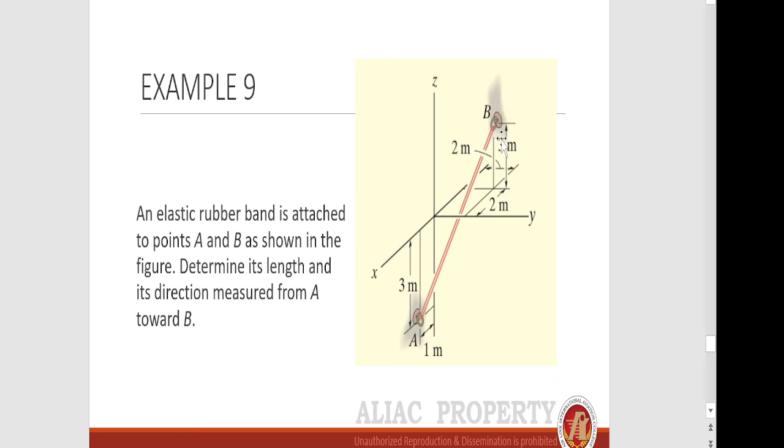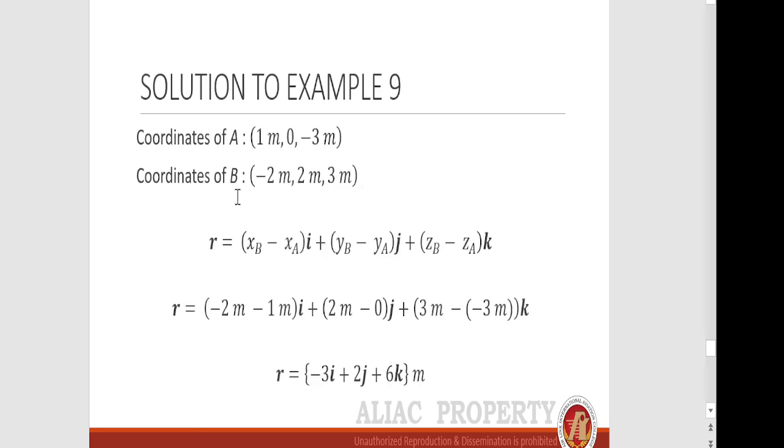So the B coordinate is from x, that is 2, y is 2, z is 3, yes, from y 3, z is 2. So the coordinates for A are 1 meter, 0, minus 3.